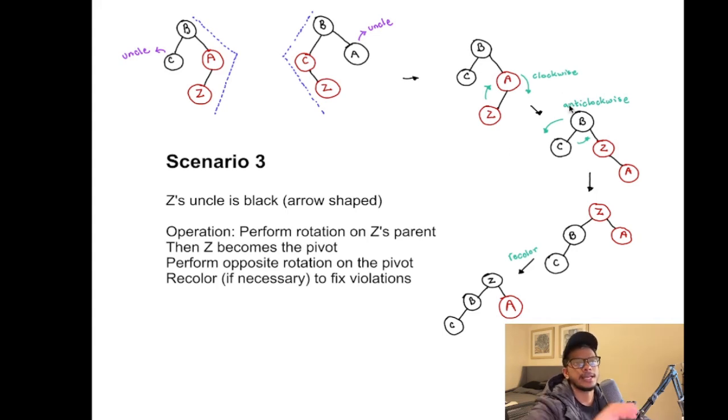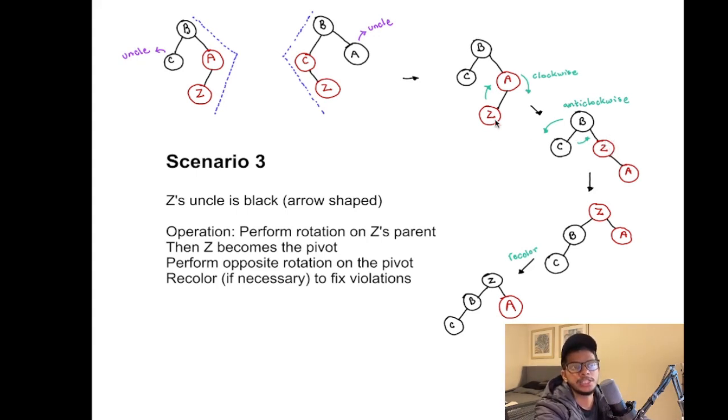It's almost like swapping places, but not just swapping places. The A then becomes the right subtree of Z, right? So it bends like this. After that, we perform the opposite rotation on Z's parent.